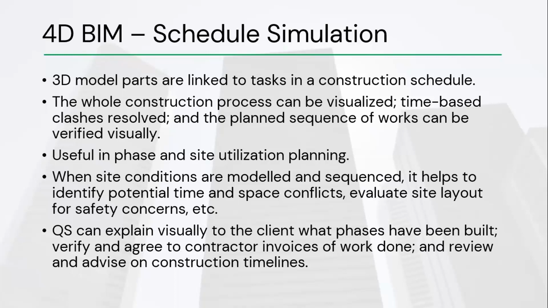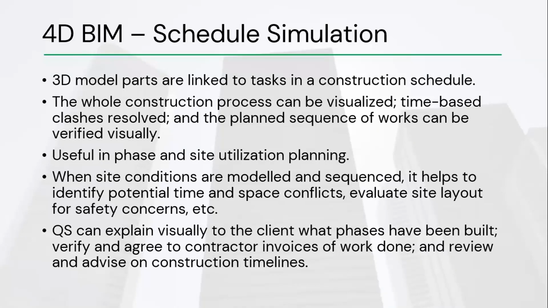It allows the project team to identify potential and critical space and time conflicts. A conflict would be, for example, there is movement of equipment, movement of labor, space requirements for storage, and space requirements for working.